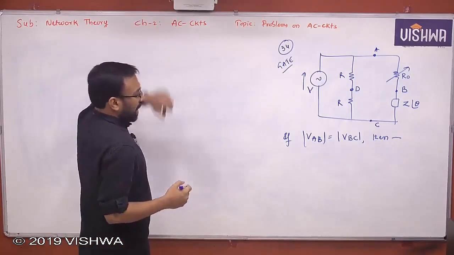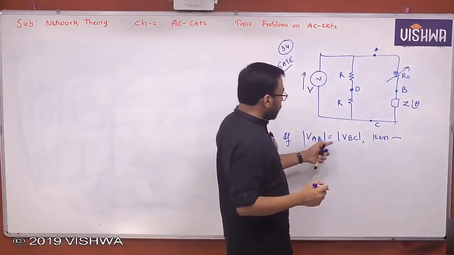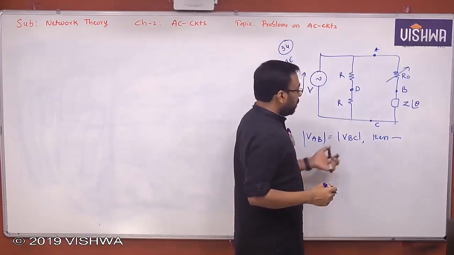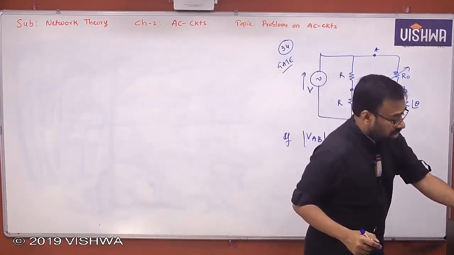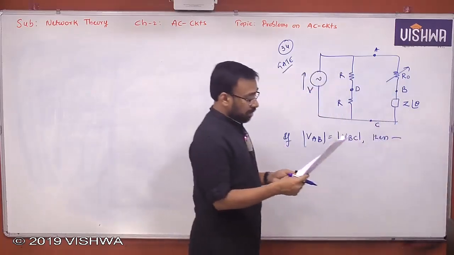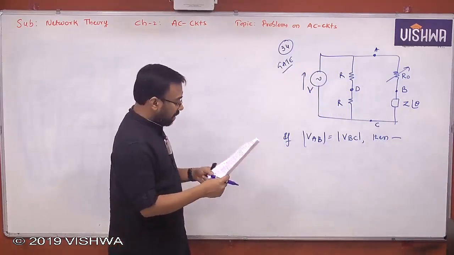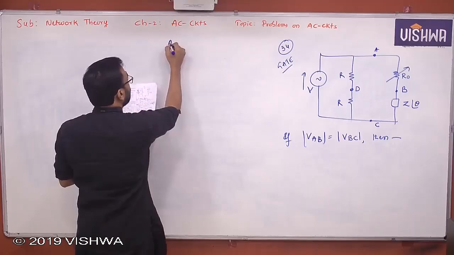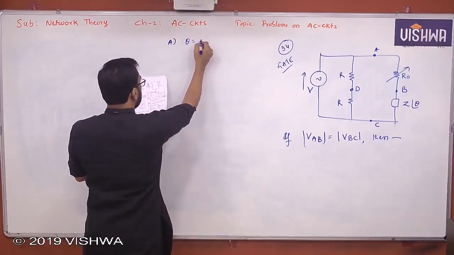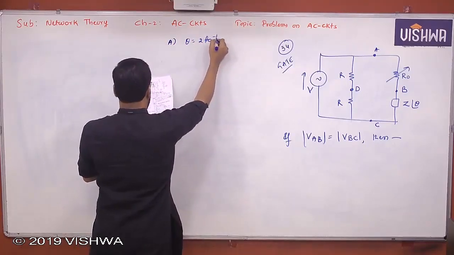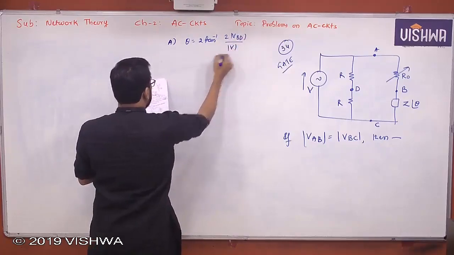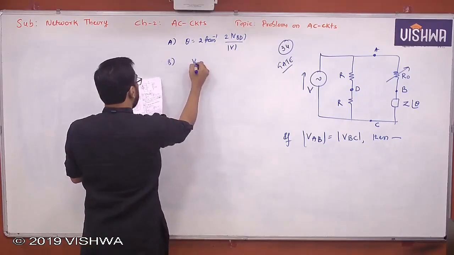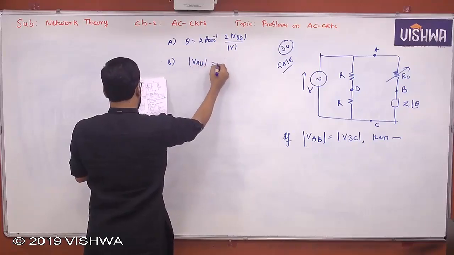See what is the data given actually here. If he is asking VAB is equal to VBC, then some conditions were given. What is option A? Option A is given as theta is equal to 2 tan inverse of 2 times VBD by V. Option B is given VAB is equal to VDC.